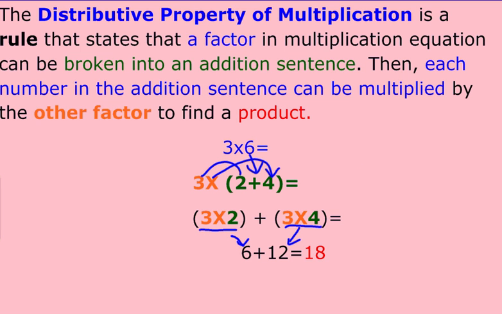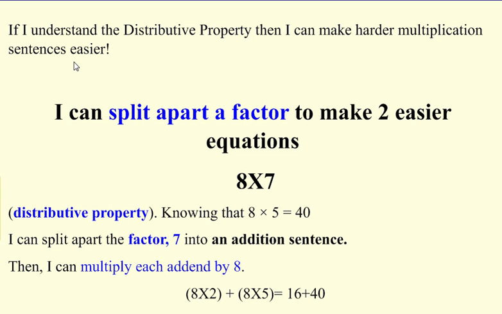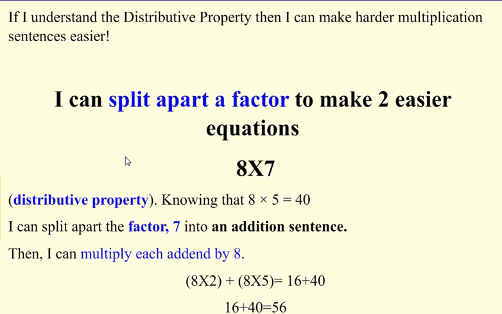So, if I understand the distributive property, then I can make harder multiplication sentences easier. I can split apart a factor to make 2 easier equations. So if I have 8 times 7, I can use the distributive property. Well, I know that 8 times 5 is 40. I can split apart the 7 into an addition sentence. It's always great to have addition sentences where I have 5s.